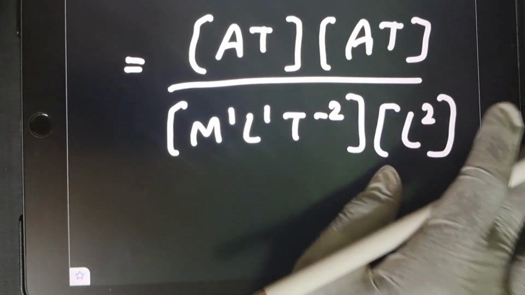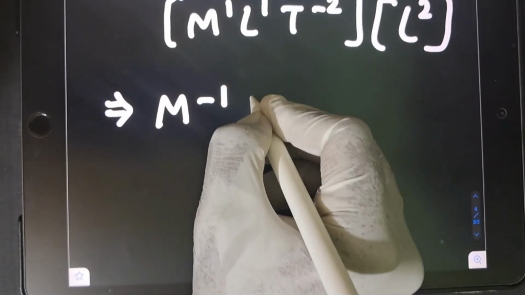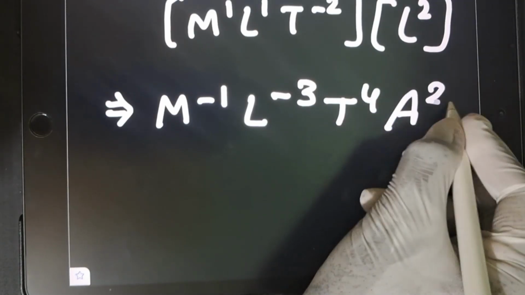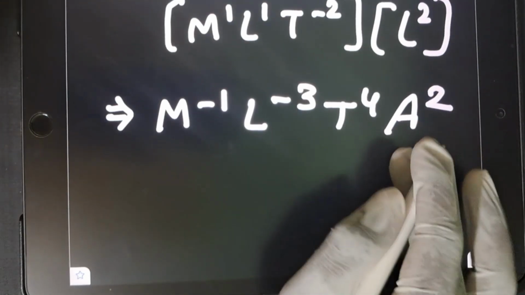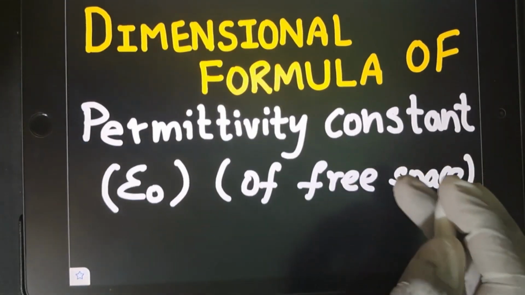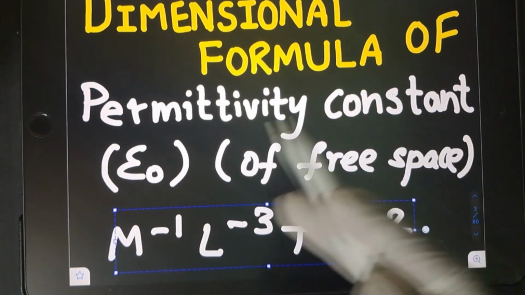On reciprocal, we get M power minus 1, L power minus 3, T power 4, A power 2, which is the dimensional formula of the permittivity constant epsilon naught.